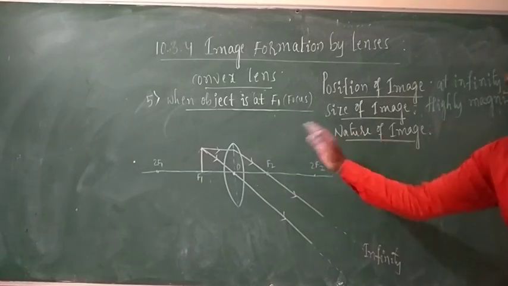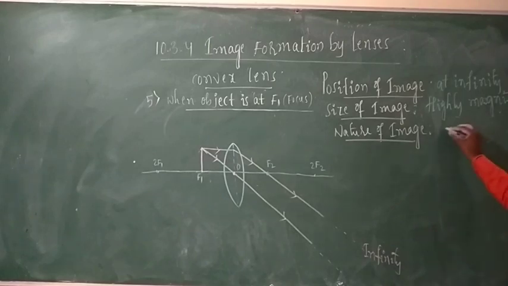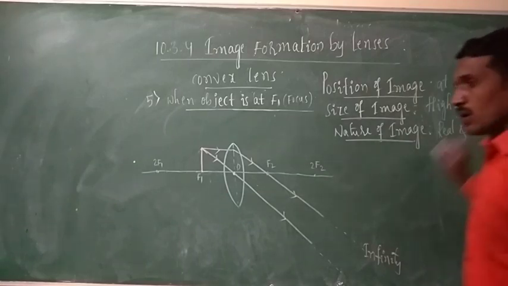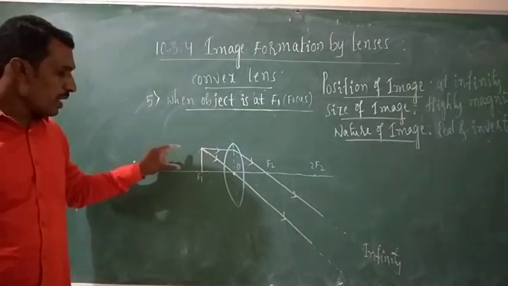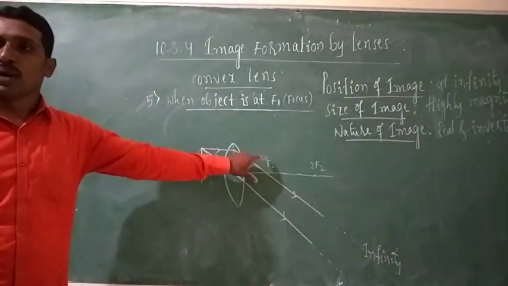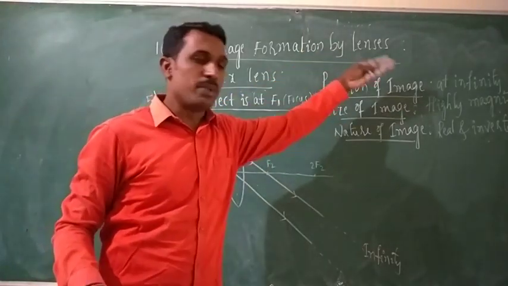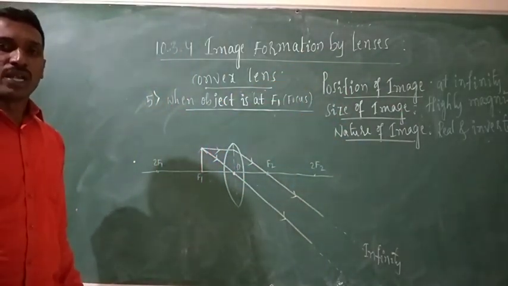Nature, since it is formed on the other side of the lens, this is a real and inverted image. Okay students, in these 5 cases we have reproduced the object in the form of an image and all the images are real and inverted.